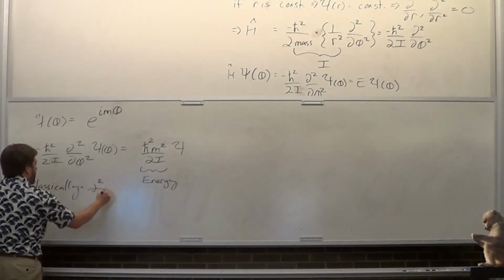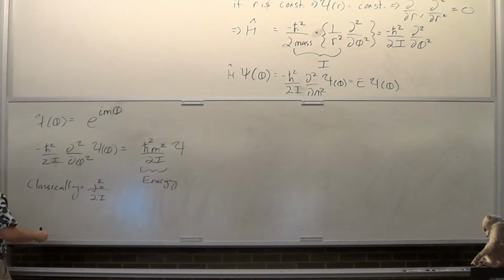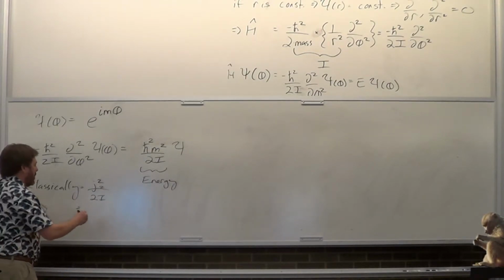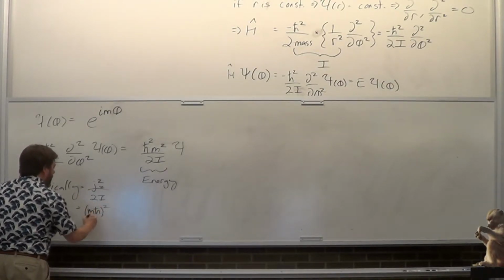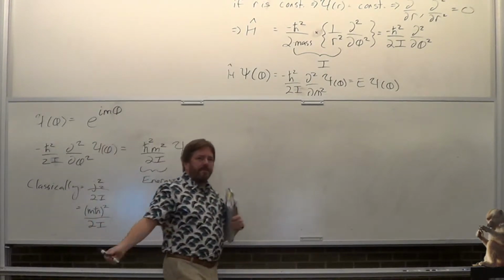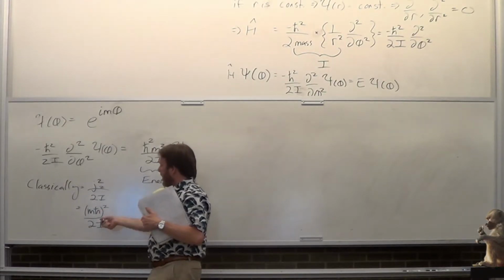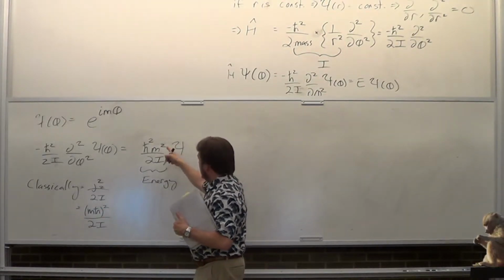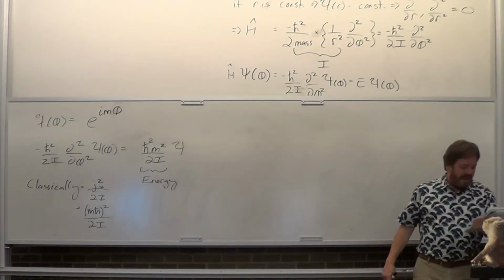So J squared over 2I. Since we're only in the z direction, I always include a little z there. And last time we found that angular momentum was m h bar. We got that from looking at those wave functions I drew on the board, figuring out the de Broglie wavelength and whatnot. And yes, of course, they're the exact same thing, so that makes sense.